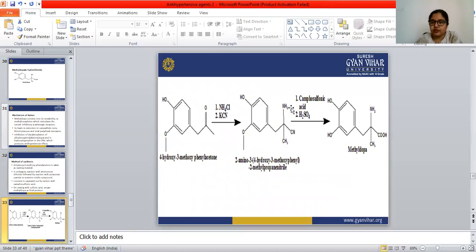So we get this product after 4-hydroxy-3-methoxyphenylacetone reacts with ammonium chloride and potassium cyanide.